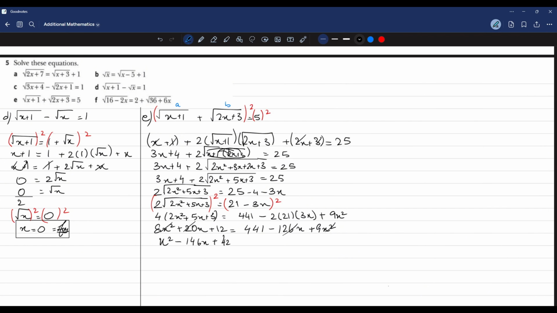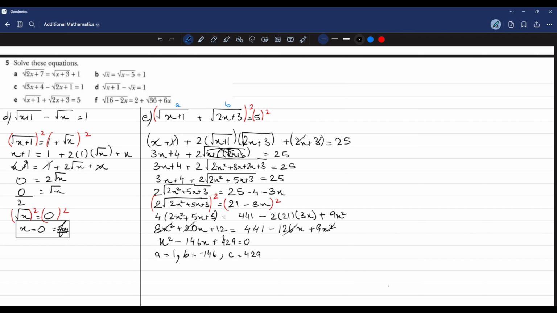This is going to be x squared minus 146x plus 429 is equal to 0. Again, I prefer using the quadratic formula when going with big values. So a is equal to 1, b is equal to negative 146, and c is equal to 429.